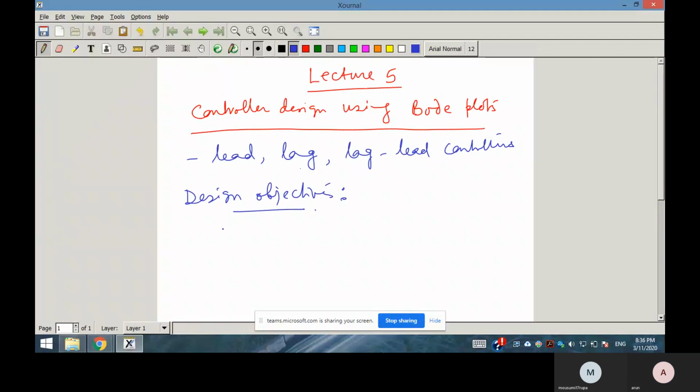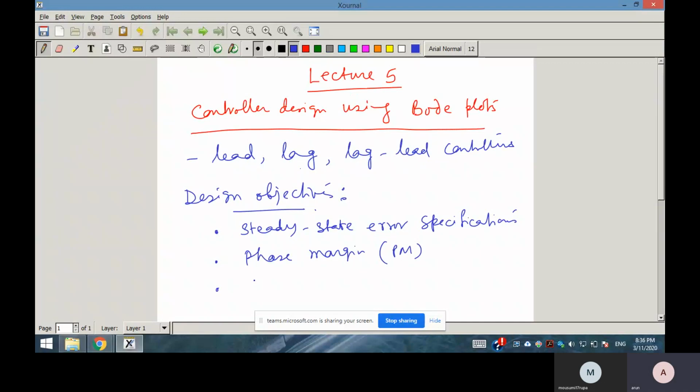Design goals are: one is steady state error specification, phase margin, and gain cross-over frequency.